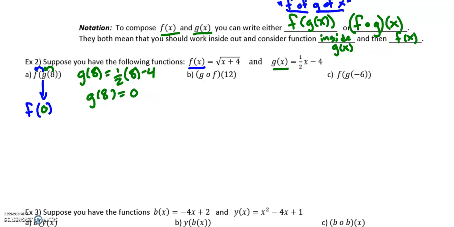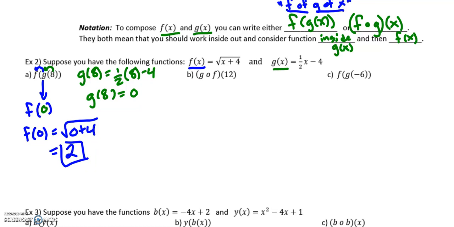And then I go through the same process. f of 0 equals, and just plug it into f, the square root of 0 plus 4, which is 2. So f of g of 8 is 2. I'm just working inside, out.